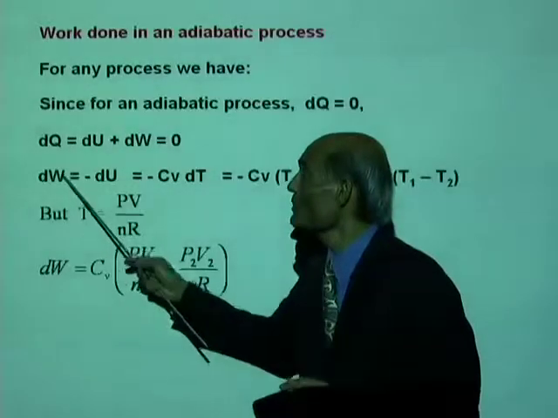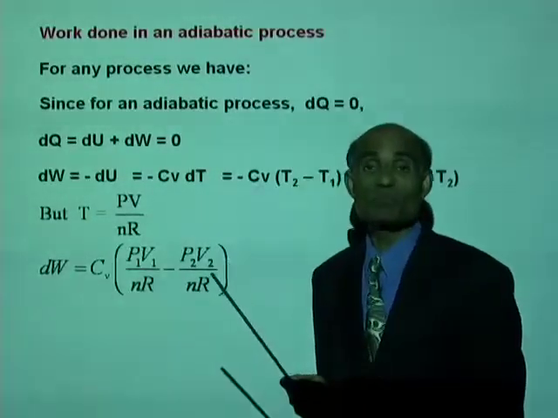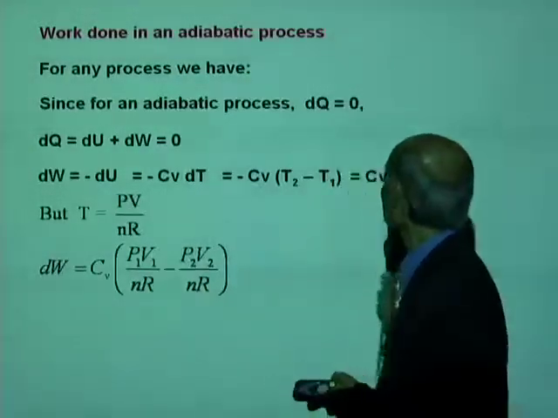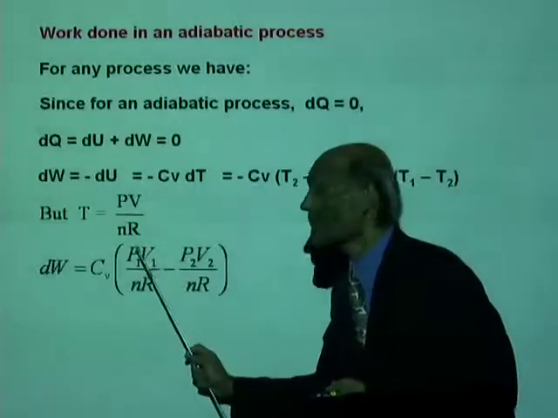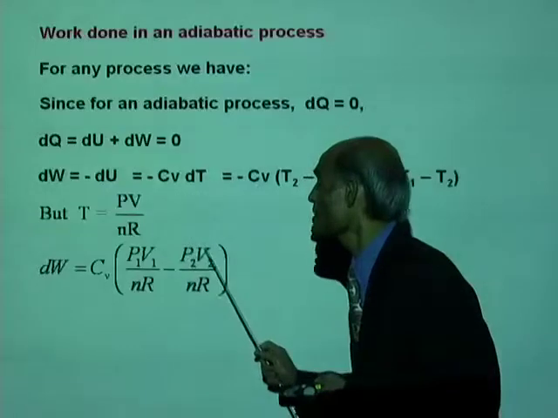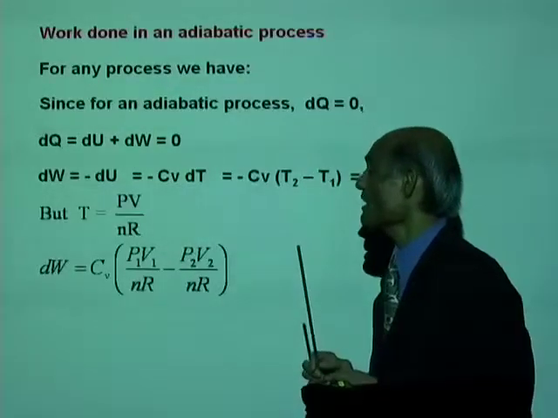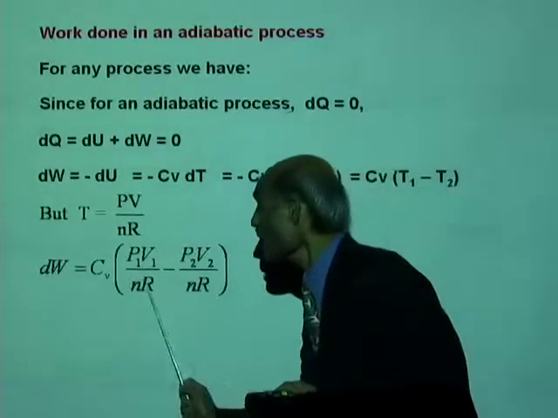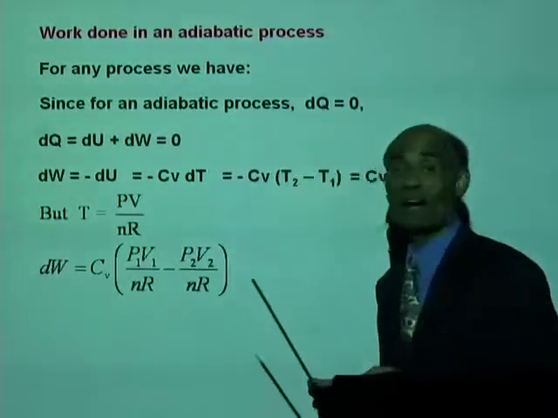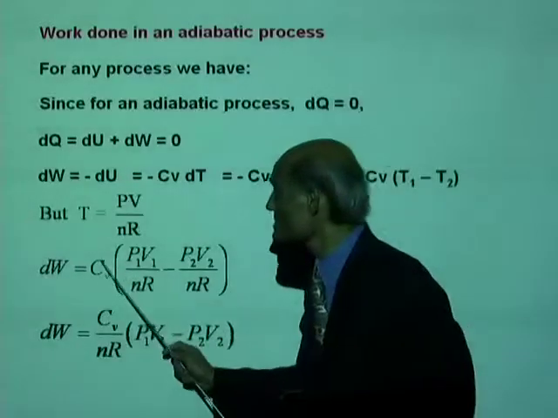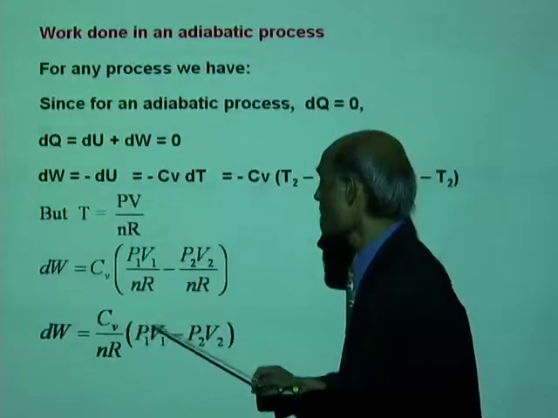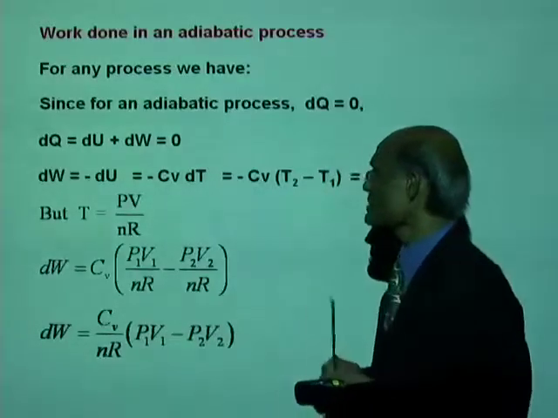So dW, work done in an adiabatic process, is Cv times T1 minus T2, which becomes P1 V1 over nR minus P2 V2 over nR. nR is a common factor on the denominator which you can factor out. That will be Cv divided by nR times P1 V1 minus P2 V2.